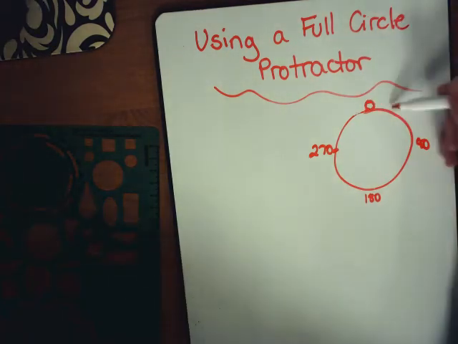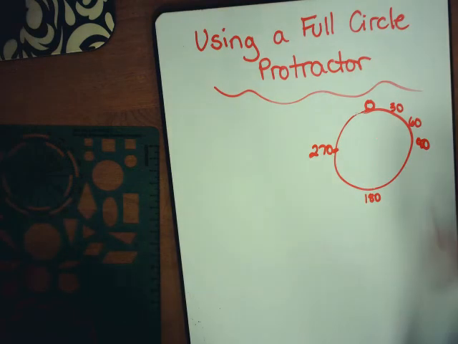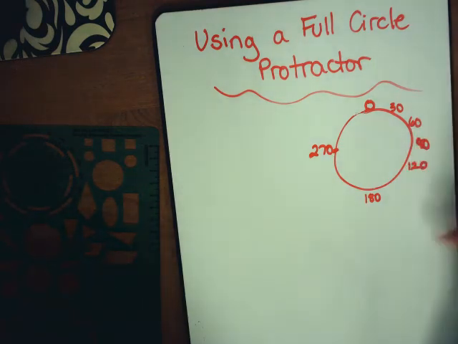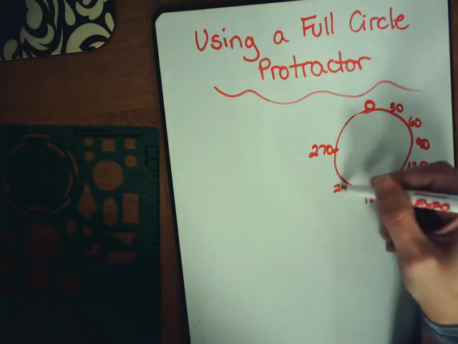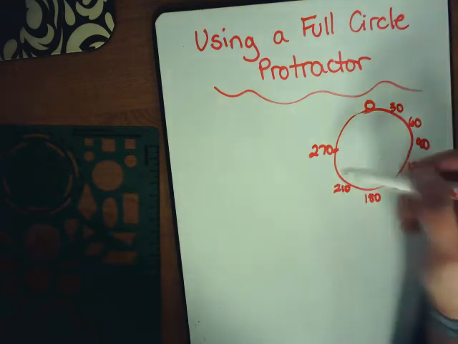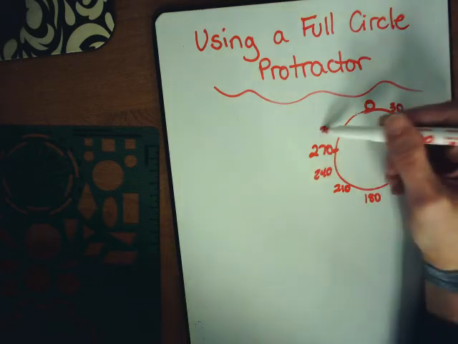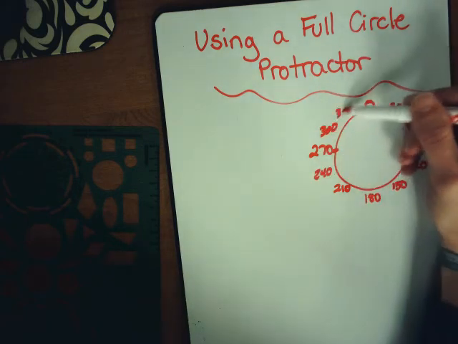So each one of those, we've got 30, 60, to fill in these other parts: 120, 150, 210, 240, 270, 300, and 330, right?